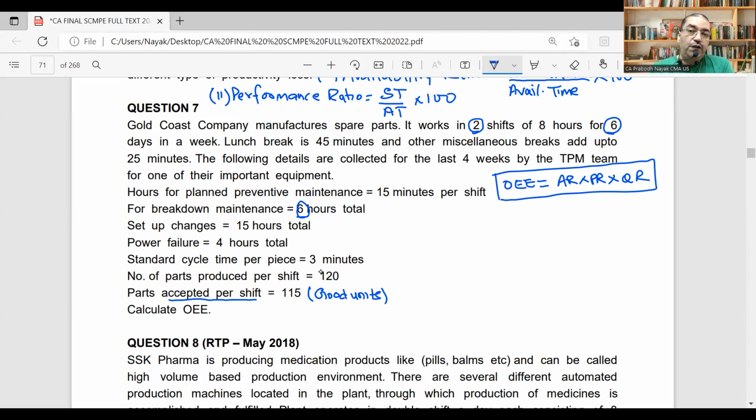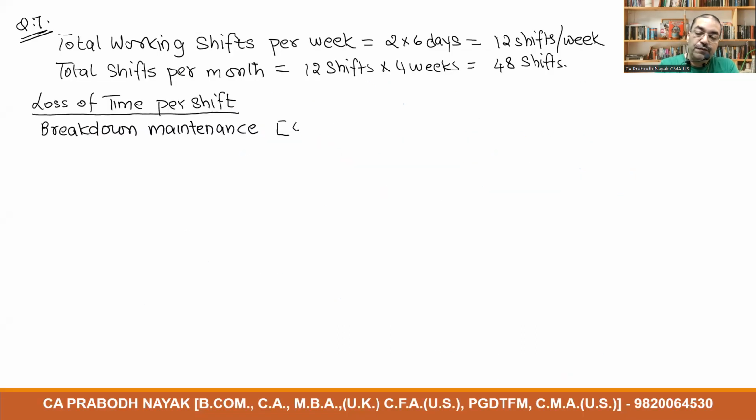We want it in minutes, so 6 hours into 60 minutes per hour, 6 into 60, 360 minutes.